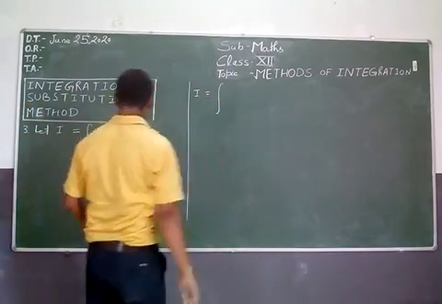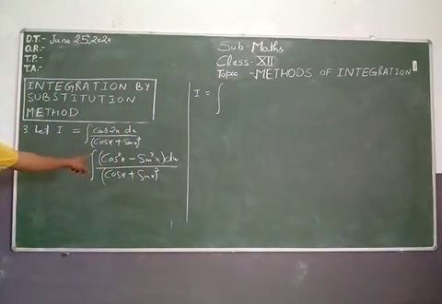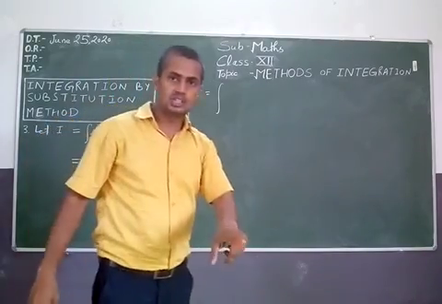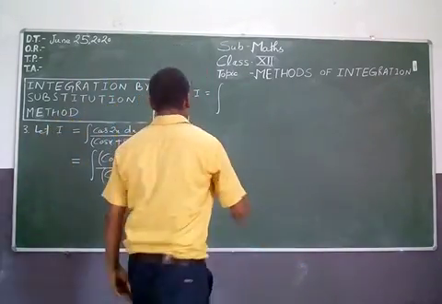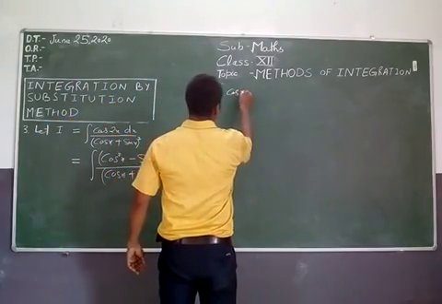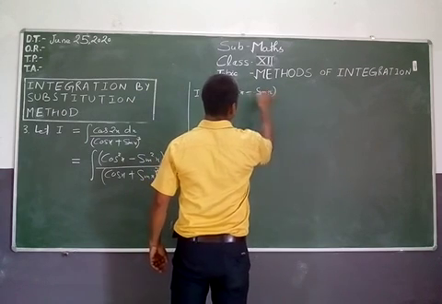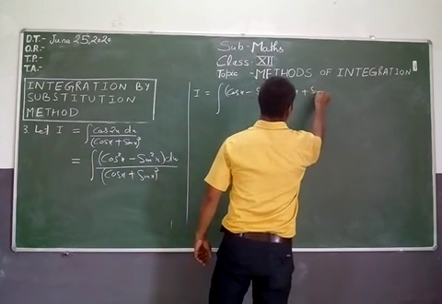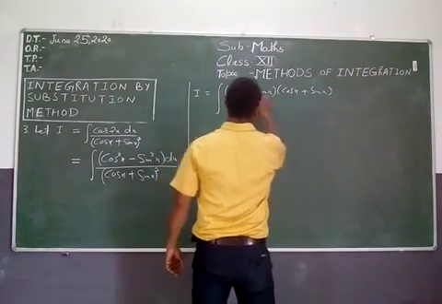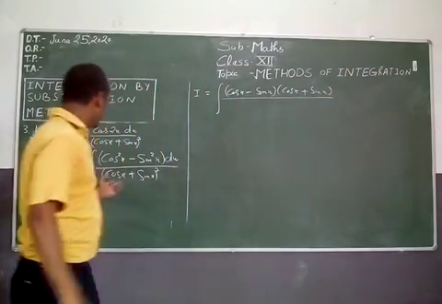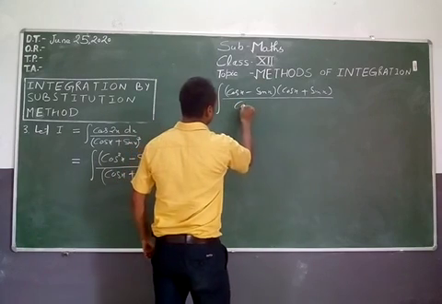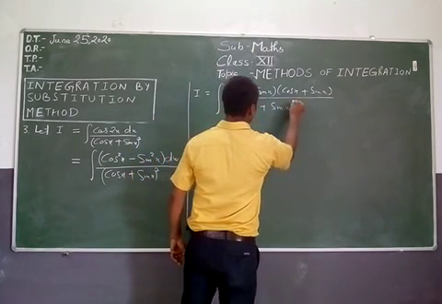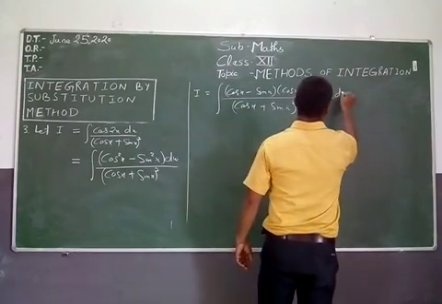Next step we can write here, applying identity a square minus b square equal to a plus b into a minus b. So we can write here cos x minus sin x into cos x plus sin x upon denominator is cos x plus sin x whole square into dx.